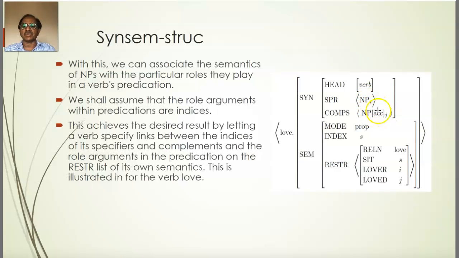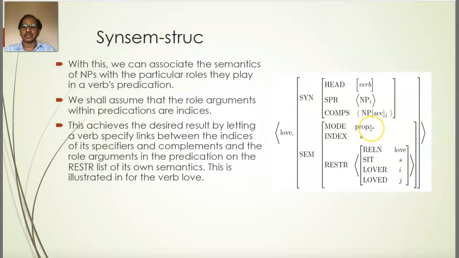In fact, English has only accusative and nominative, so the specifier can be nominative. Right? The specifier will have nominative. Now we are using I and J as indices. Okay, remember them. Now when you look at the verb love's semantics, the mode is proposition.